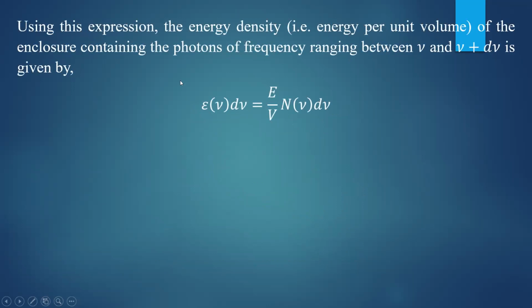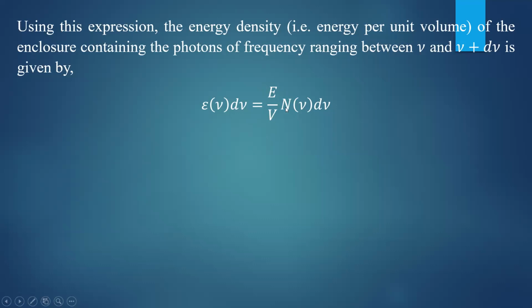So finally, we have to find the energy density. Energy density is given by total energy per unit volume. So the energy density of the photons of frequency ranging between nu and nu plus d nu is given by epsilon nu into d nu, which is equal to total energy divided by volume.